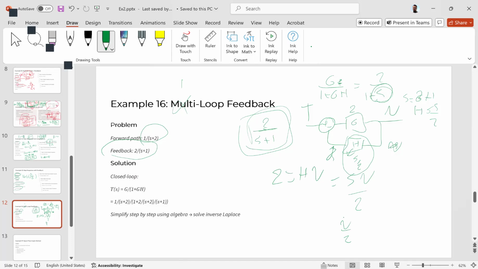So it's a capacitor with what? With 1 over 2 farad of C. Does that make sense? Are we good? How did we reach that point? Let me know if you have any questions.